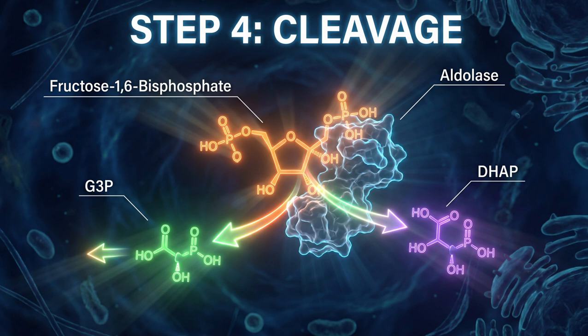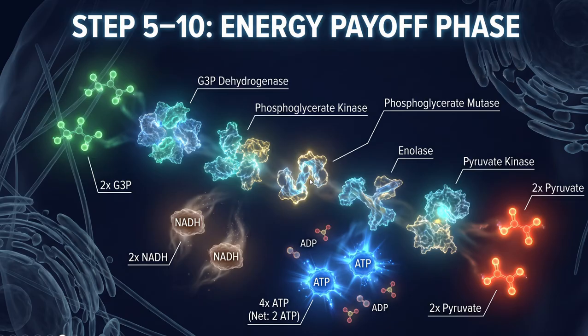Everything from now on in the glucose happens twice. So the DHAP also becomes glyceraldehyde 3-phosphate, right? Now we have two glyceraldehyde 3-phosphate molecules, okay? And now we move on to the next steps, okay?